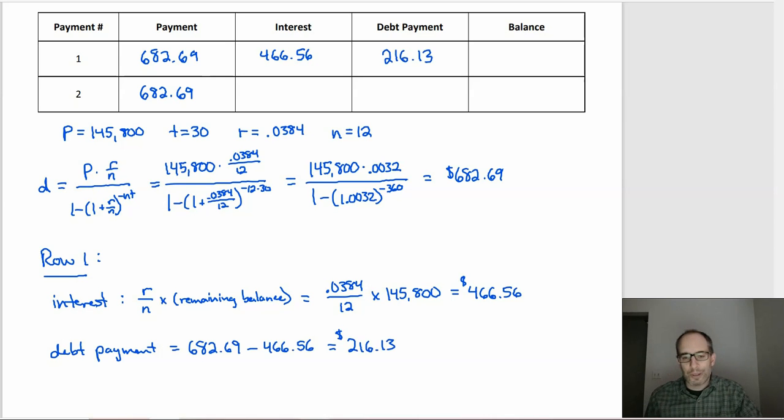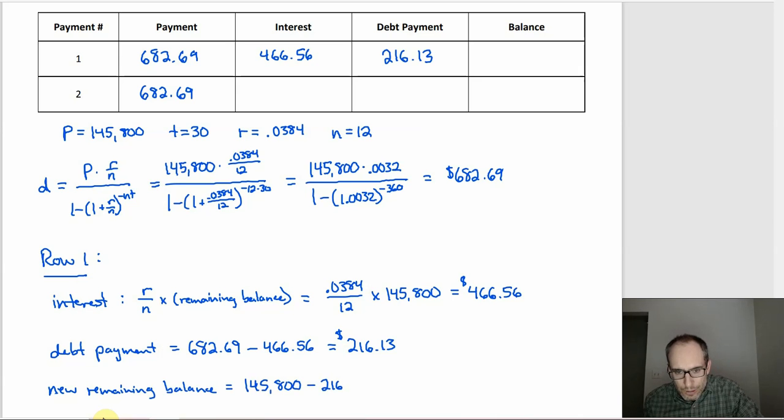And then if we pay down the debt by 216.13, then the new remaining balance would be 145,800 minus 216.13. And if we subtract that, we're going to get 145,583.87.